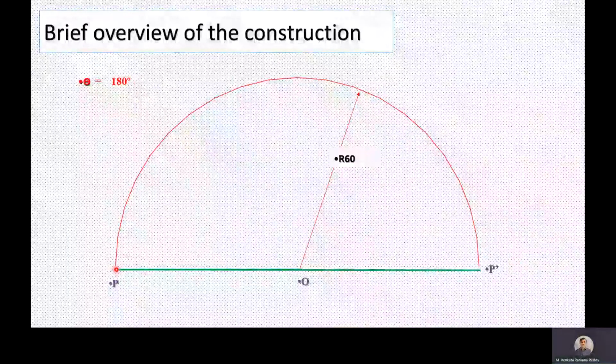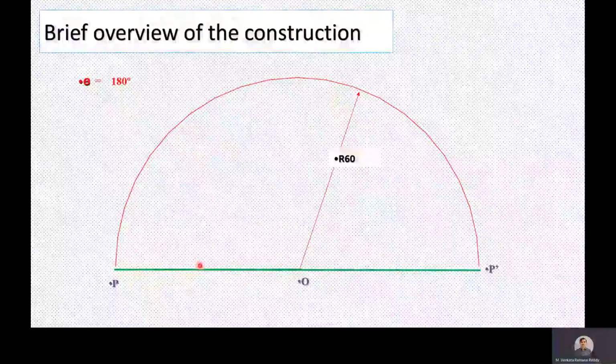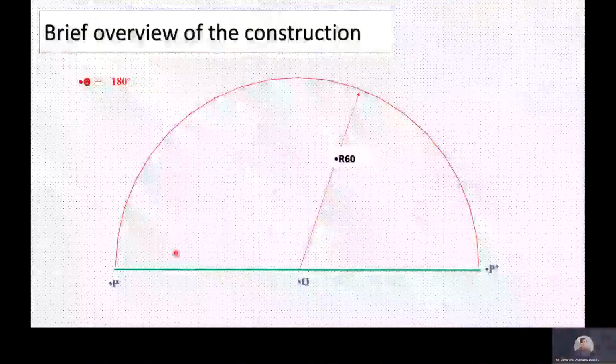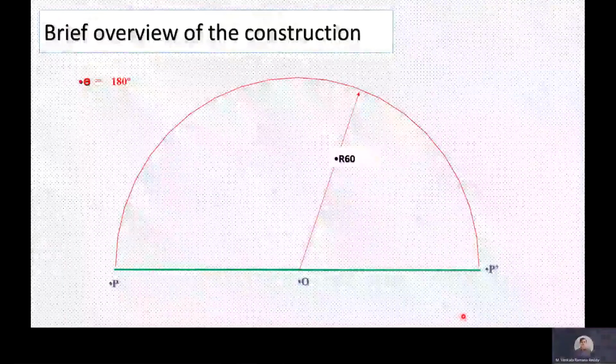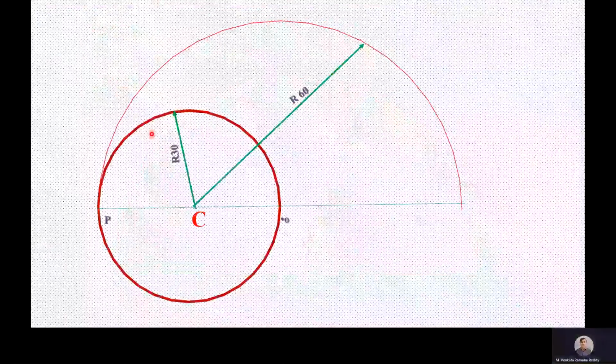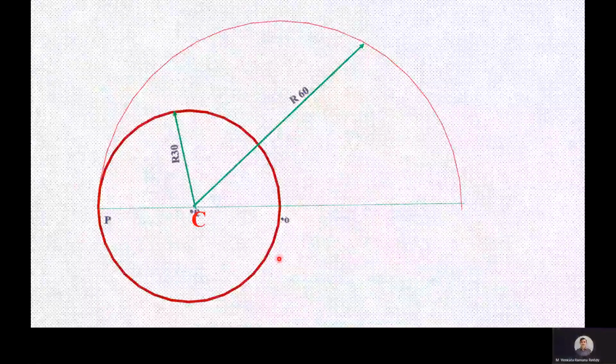Now with P as center and the rolling circle radius, that is half of the radius of the directing circle, draw an arc on the OP line so that you get point C. With C as center and CP as radius, draw the rolling circle. After that, divide the rolling circle into 12 equal parts.